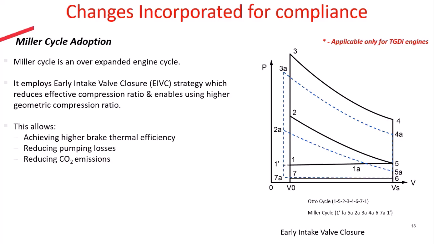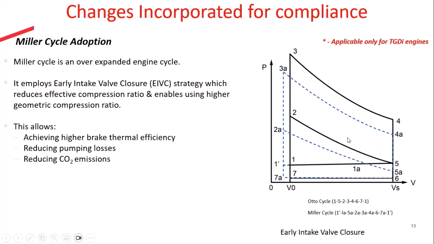With all this, it allows us to achieve higher brake thermal efficiency, reduce pumping losses, and in the process also reduce CO2 emissions, like the text here says. Eventually the emissions get reduced for the same performance output. That is important: doing the Miller cycle doesn't mean your performance is ultimately going to be hindered in any way.